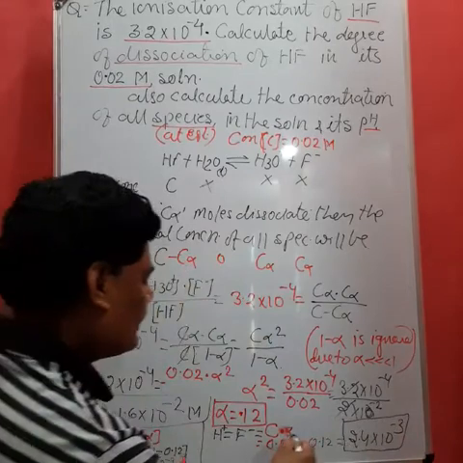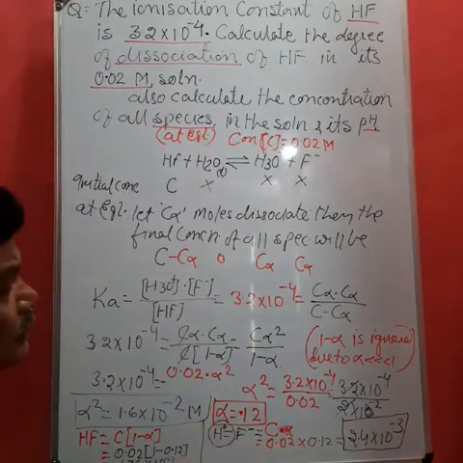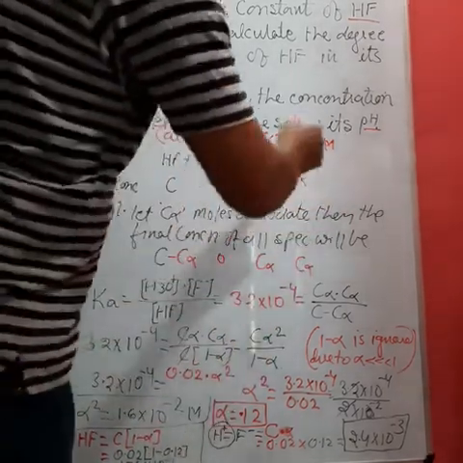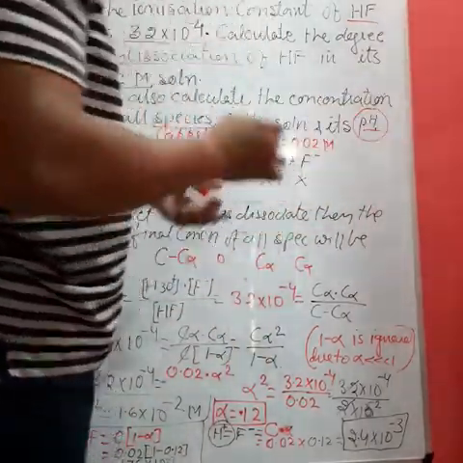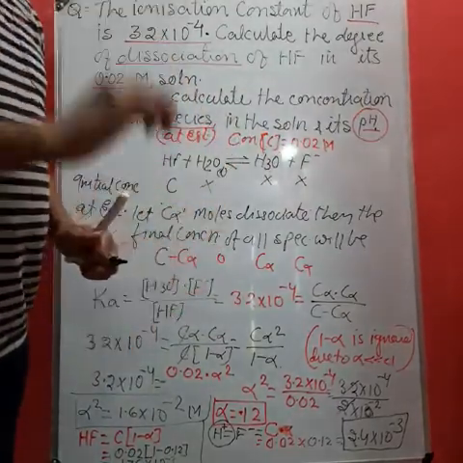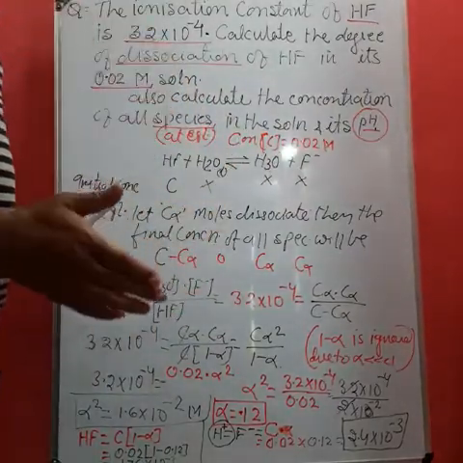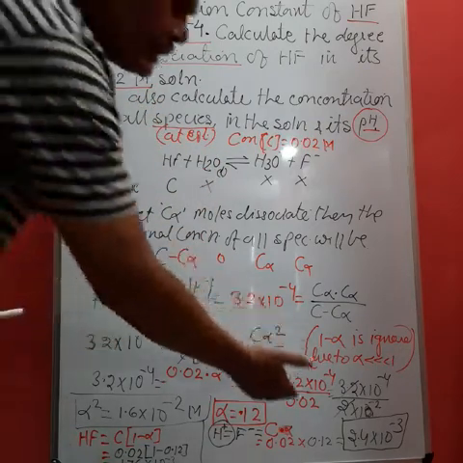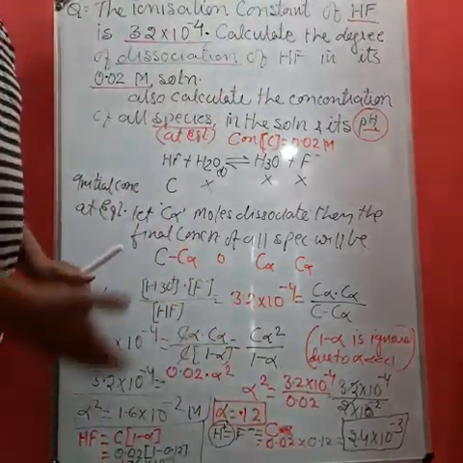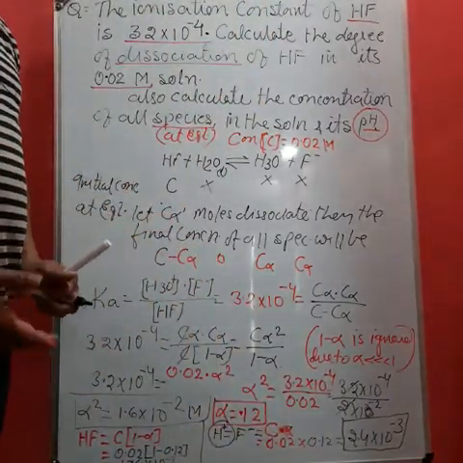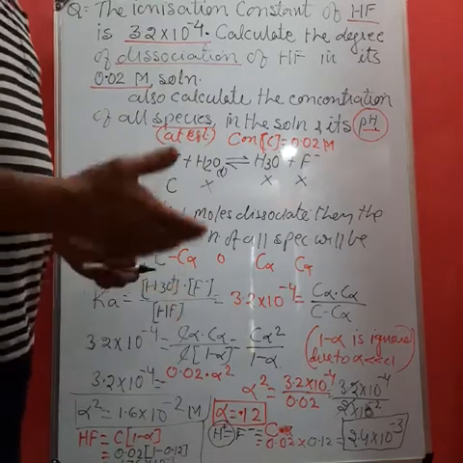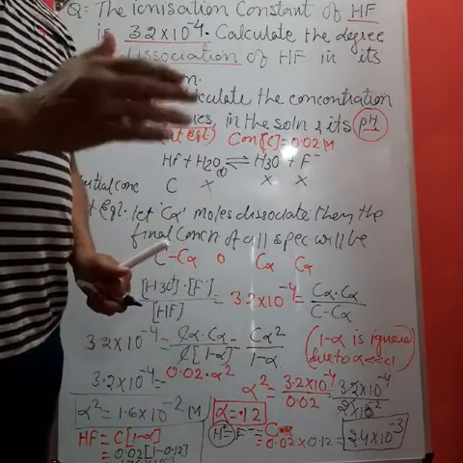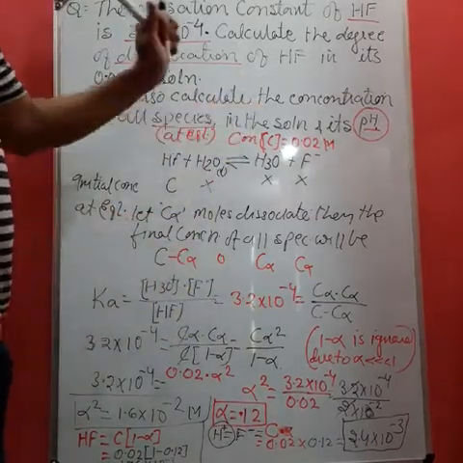So here is the concentration of H cation. Now, when we have the concentration of H cation, we can find the pH. In the previous video, we checked how to find pH if the hydrogen ion concentration is given. pH is equal to minus log of H concentration. So place the value of H concentration, as we did in our previous video, and you can find the pH of the solution.